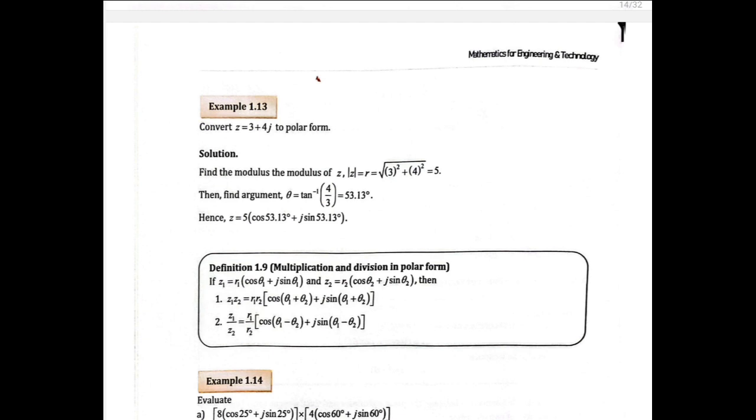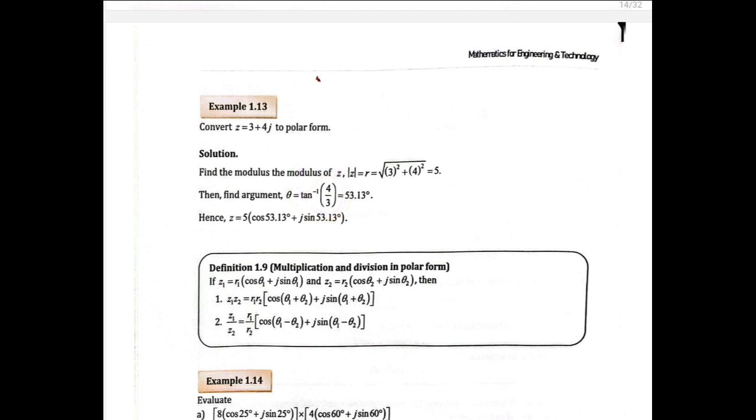For the argument, theta equals arctan of 4 over 3. Notice that the real and imaginary values are both positive, so they fall in the first quadrant. So arctan of 4 over 3 is equal to 53.13.